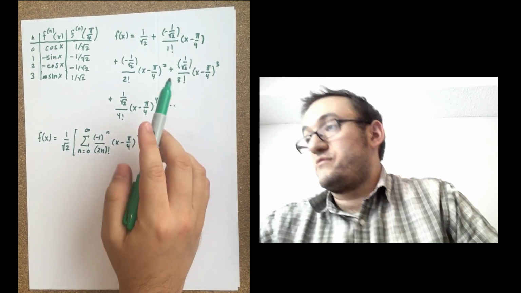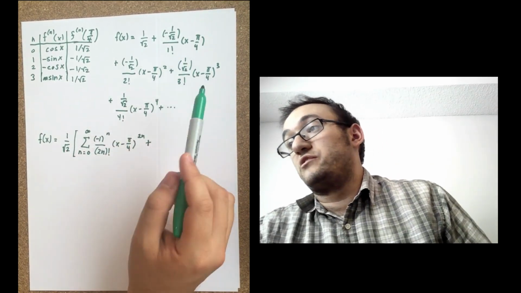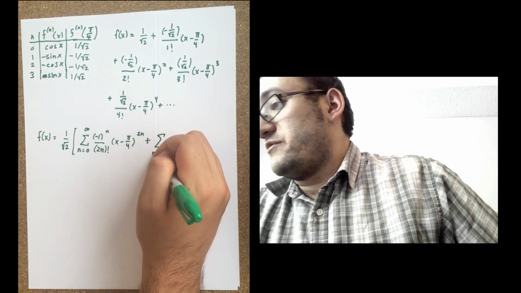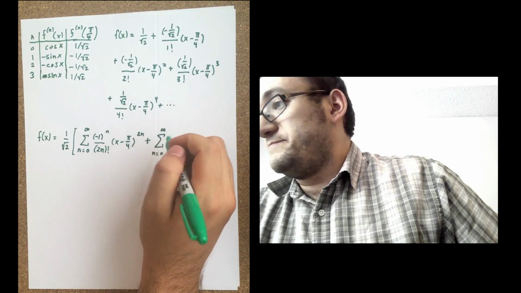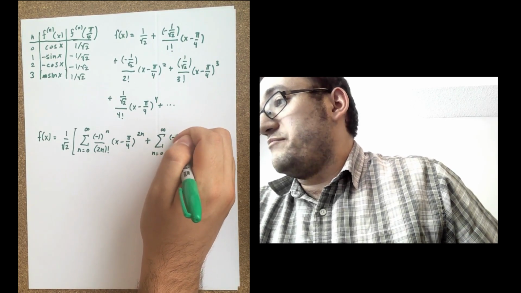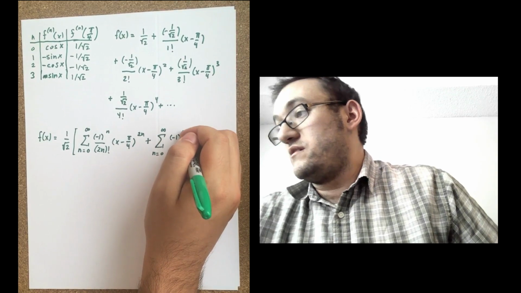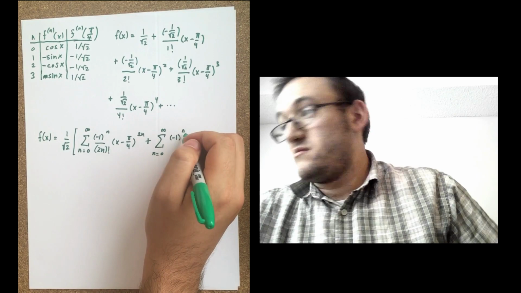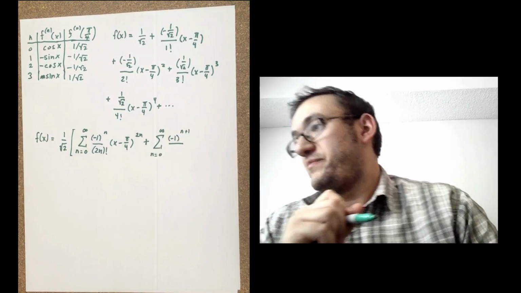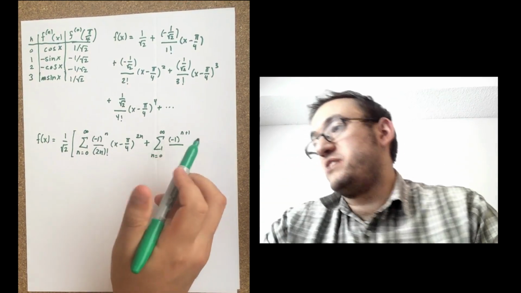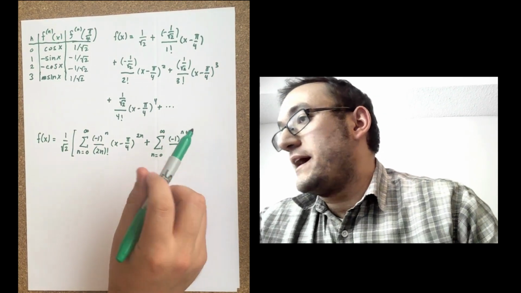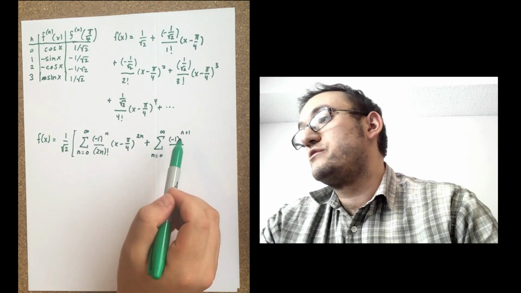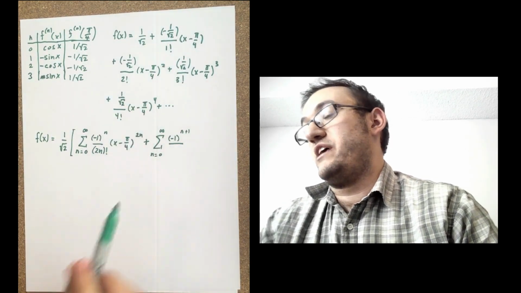And then the other alternating series here is the odd terms, and that's given by the sum from n equals 0 to infinity of minus 1 to the n plus 1. So we'll want to put n plus 1 here because when you plug in n equals 0, it's negative. So that's why I want to put n plus 1.